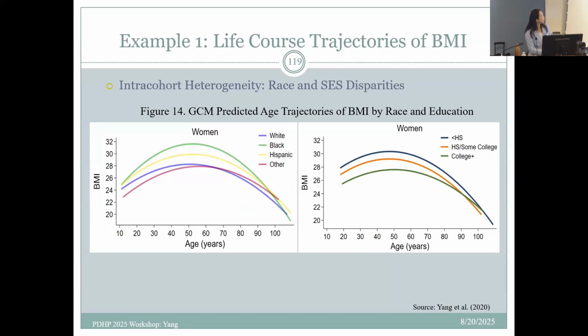So controlling for cohort, we found significant and large race gaps, especially for Blacks and Hispanics. They have huge disadvantage early in life that dissipates a little bit in old age, and by education, also, you see a clear gradient of BMI by education levels that also decreases in old age.